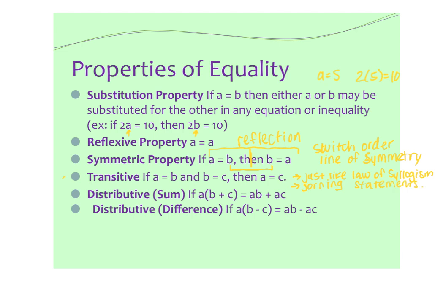Okay, now the transitive property, I want to give you guys an example. So an example is if x equals 3 and 3 equals y, then x equals y, okay?